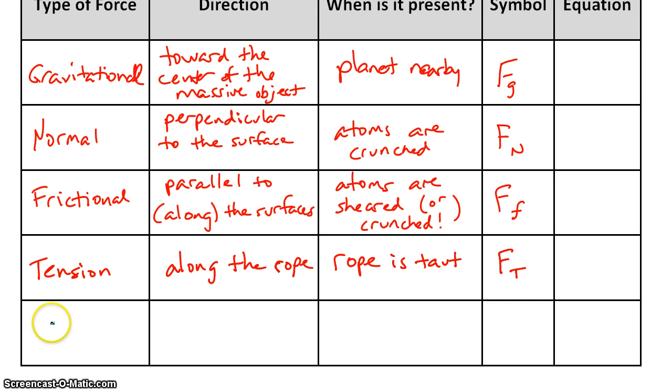The last one we're going to introduce today is a spring force. We see springs acting on things when we go to the grocery store. There's a spring scale. We've used spring scales. Just like along the rope for the tension force, the spring force acts along the direction of the spring. And the spring's always trying to restore it to its unstretched or uncompressed length.